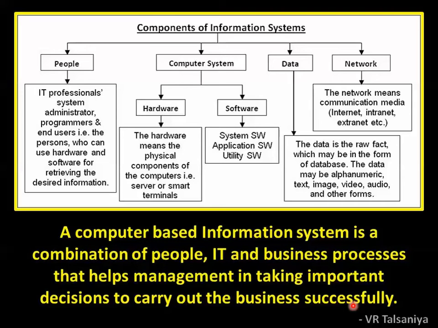Computer system, which includes hardware and software solutions and cannot be separated. Networks, which allow us to exchange data, so it's impossible to have an information system without a network right now. And data, which is processed by people with the help of particular hardware, software, and network solutions.